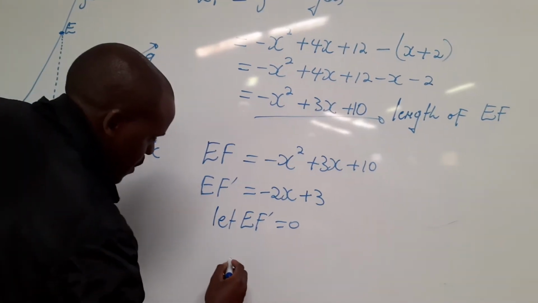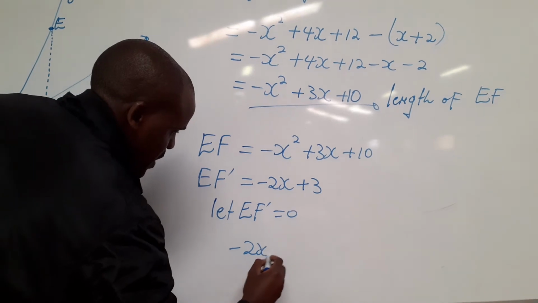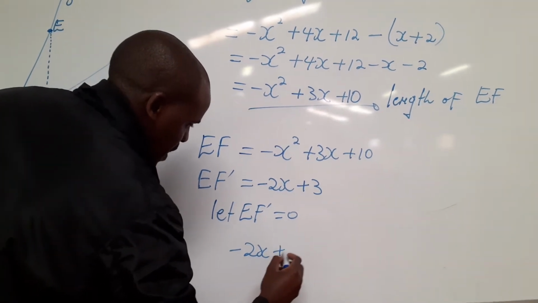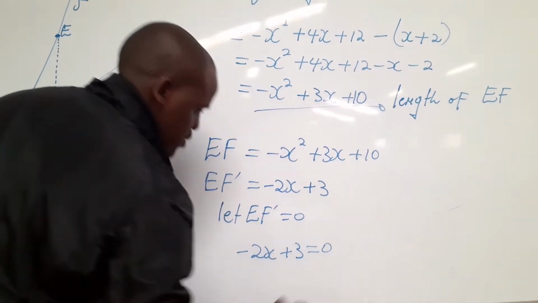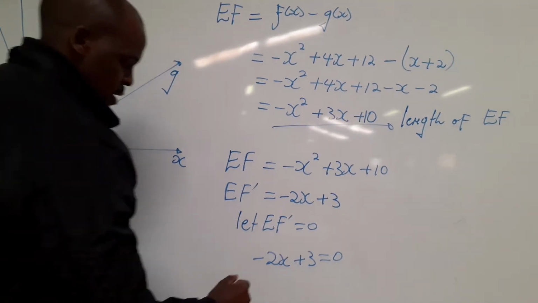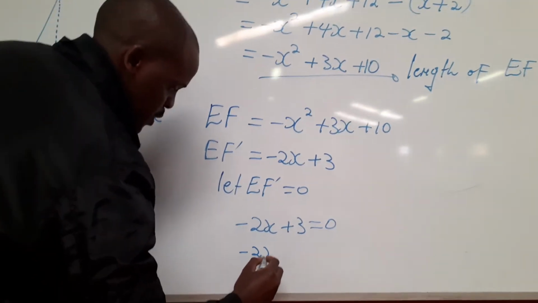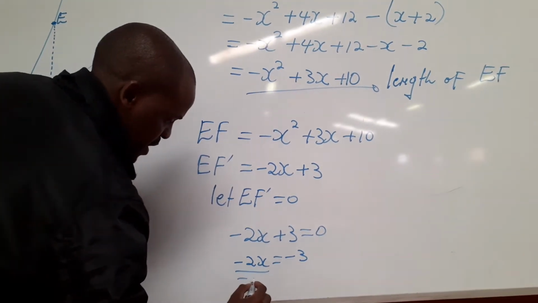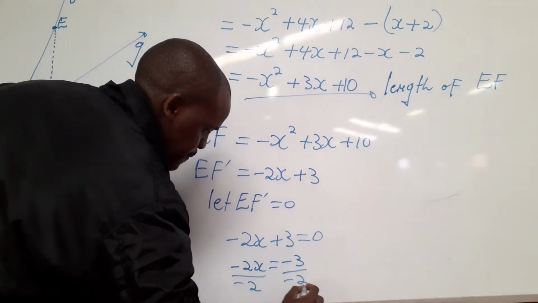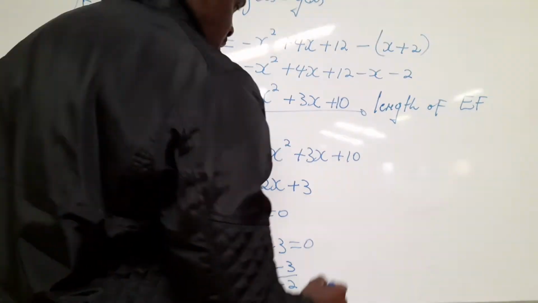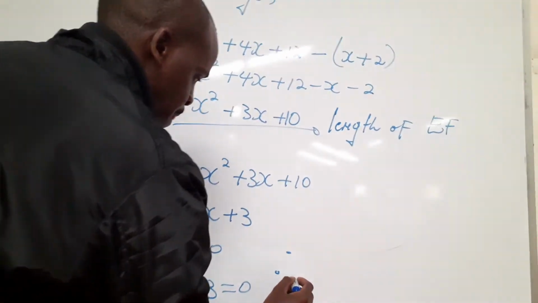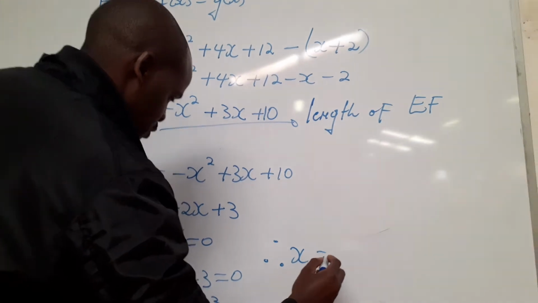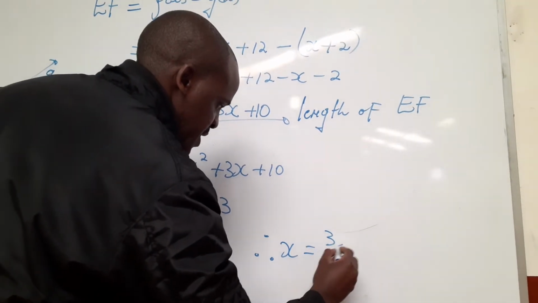Therefore, minus 2x plus 3 will be equal to 0. And then we solve for x. Minus 2x will be equal to negative 3. We divide by negative 2 on both sides. Therefore, our x will be equal to positive 3 over 2.